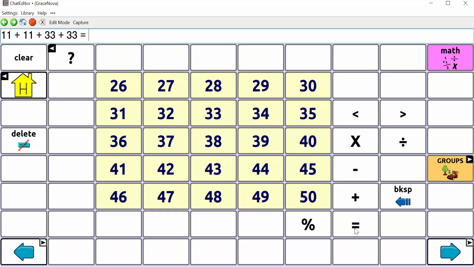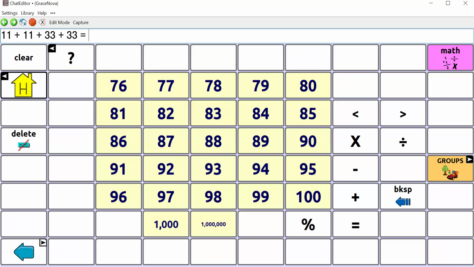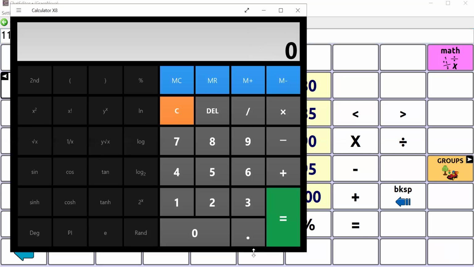And then if you add those up, 1, 1, 3, 3, that's 88. We could give our answer this way by going to the page with 88 and answer that way. And if we had done it with the calculator, the same thing. 11 plus 11 plus 33 plus 33 equals 88.